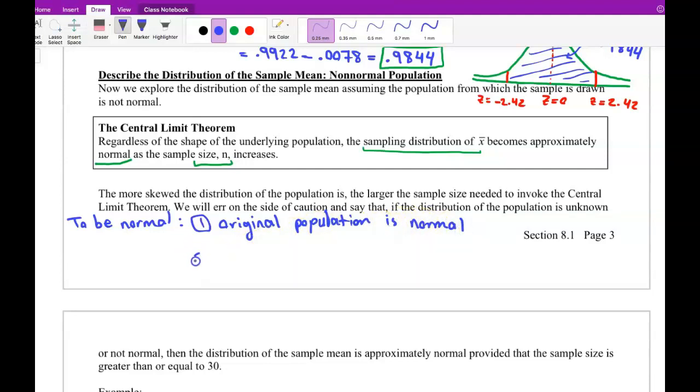And also the sample size should be greater than or equal to 30.